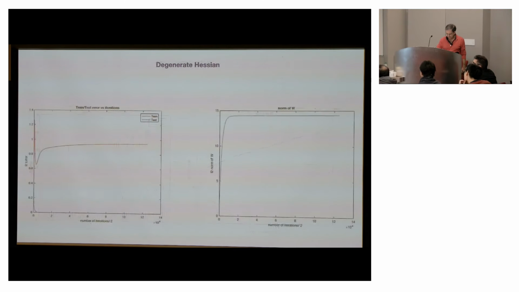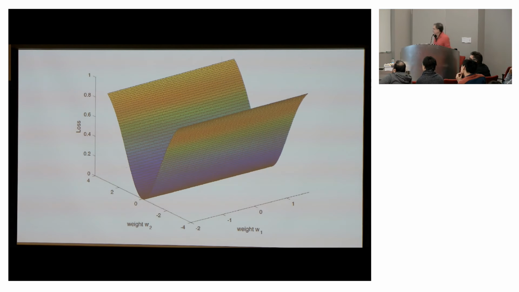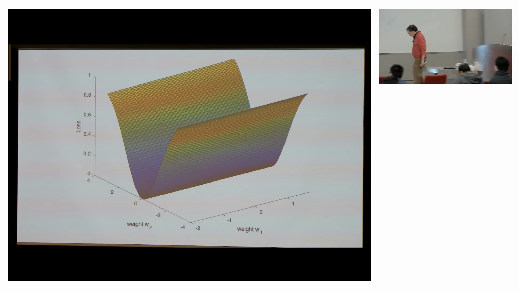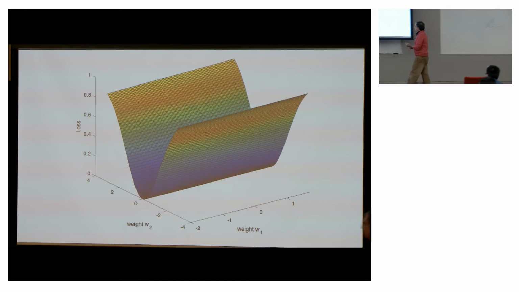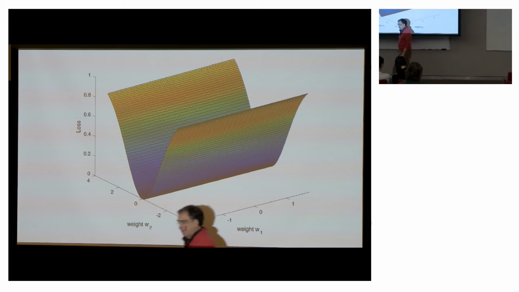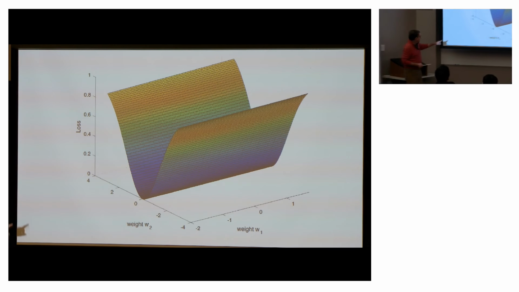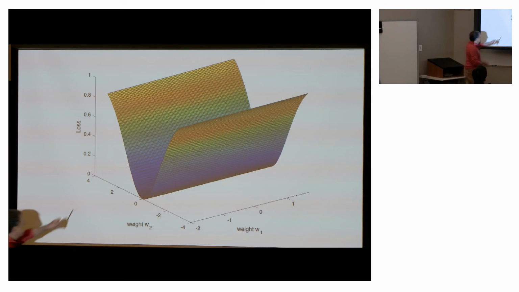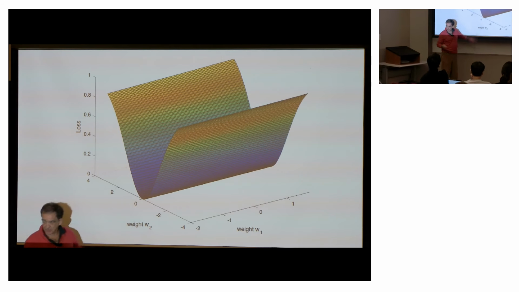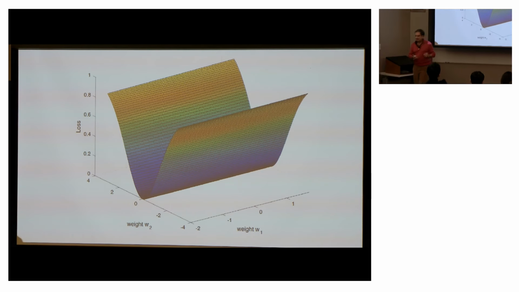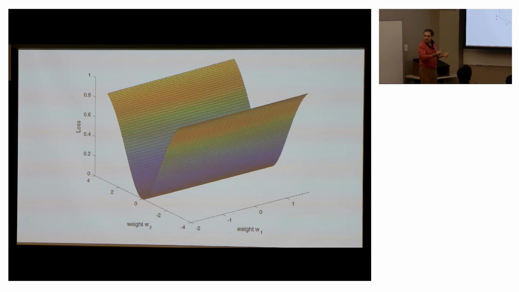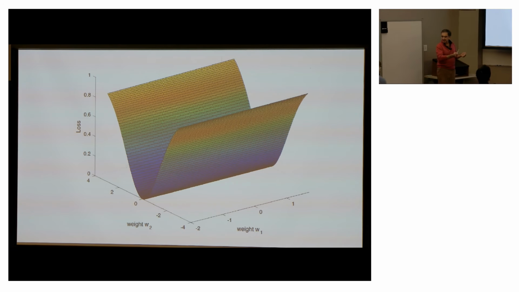Think of it this way: I perturb W1 and W2 in a random way. So W2 will return to zero. Sure, it's like a spring. W1 is Brownian motion, perturbation after perturbation.